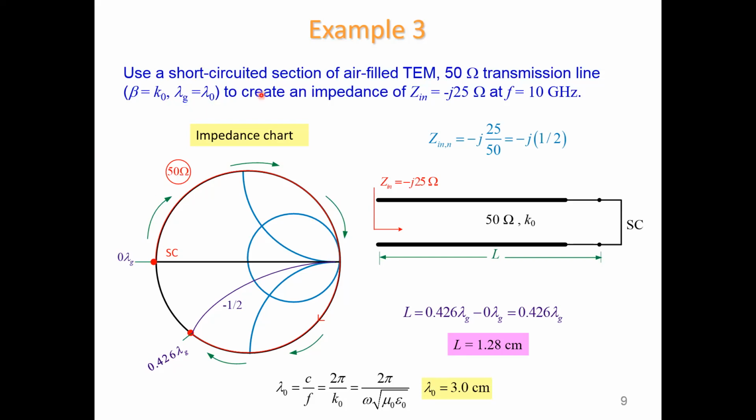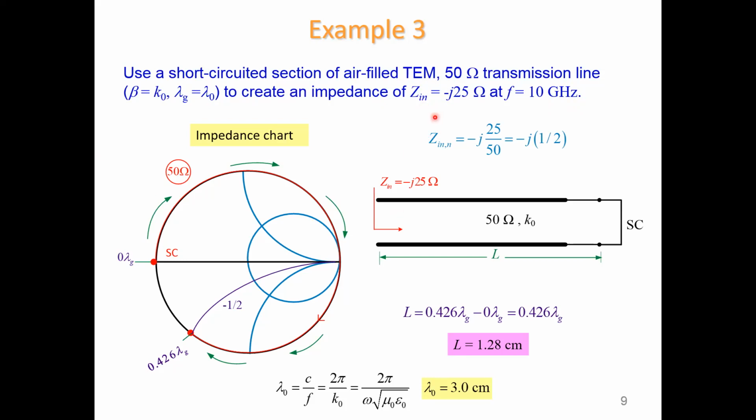Use a short-circuited section of air-filled TEM transmission line to create an impedance of at f equal to 10 gigahertz. So that is your input impedance.